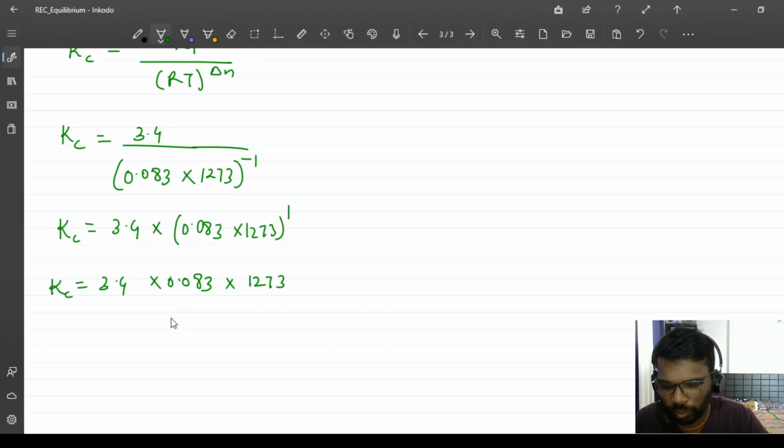So over here, let's check the answer. 3.4 multiplied by 0.083 multiplied by 1273. So the answer of the Kc comes to be 359.2.